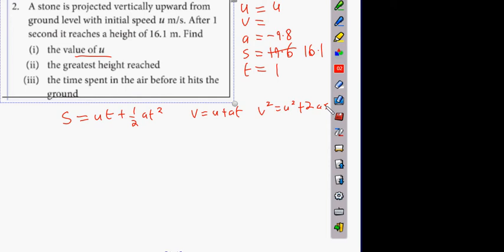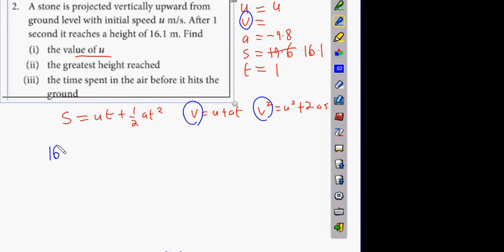You'll notice that u is in all 3 equations, but you don't choose the other 2 because you don't know what v is either. So anything with a v in it automatically gets ruled out. So you might as well do ut plus a half at squared.